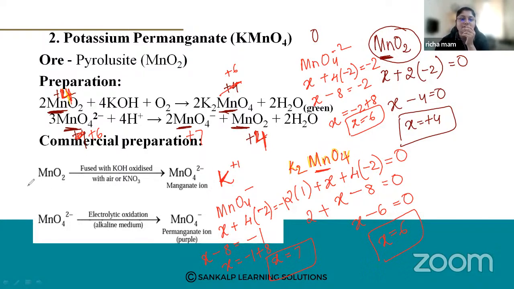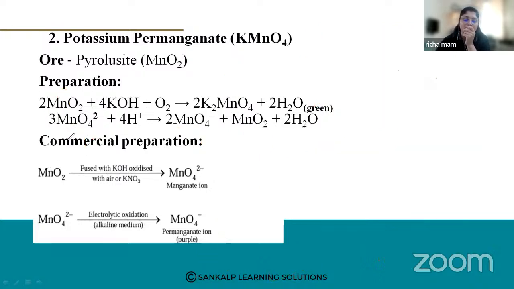So this is the preparation of KMnO4. What is the property of KMnO4? It is a strong oxidizing agent in several reactions.